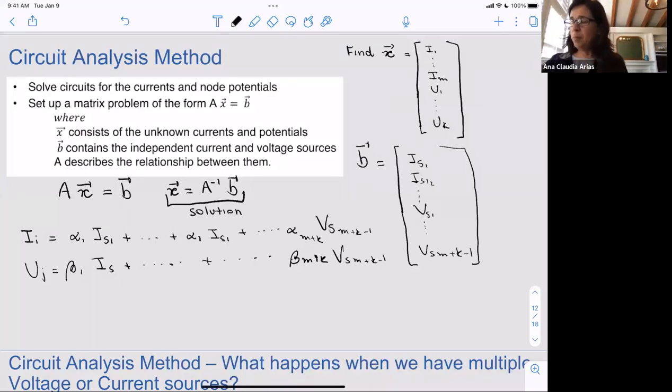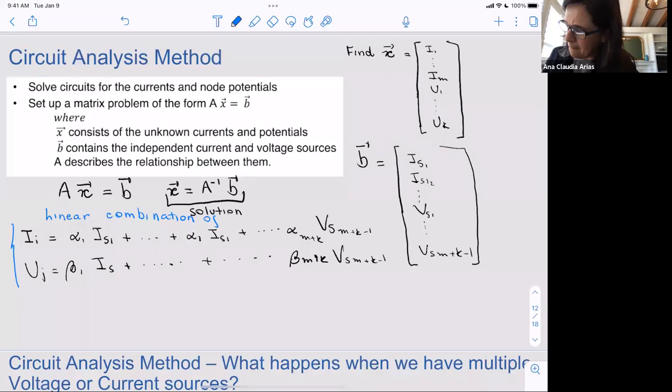So the point of this methodology and the linear algebra that you learn is that I can express the variables in a circuit as a linear combination of sources. Which is the result, the solution that we get from this setup for the circuit.